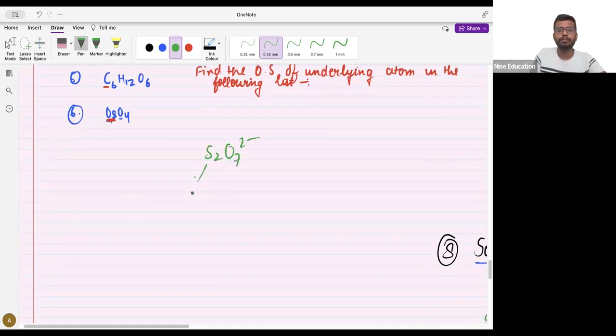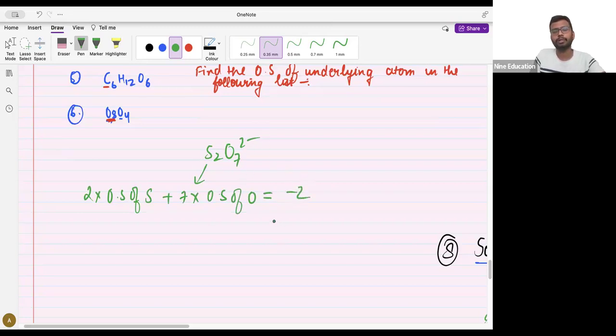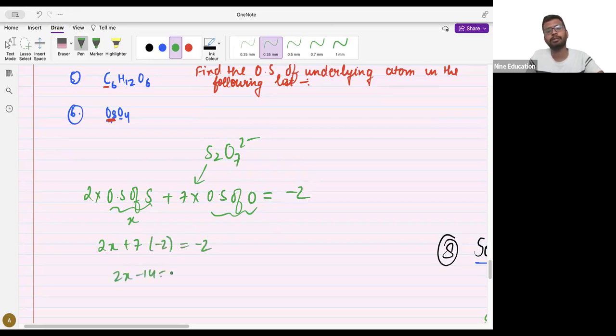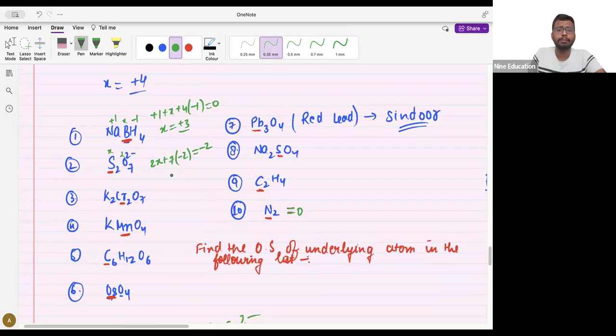So 2x plus 7 into the oxidation state of oxygen, minus 2 as oxygen is oxide, will give me minus 2. So 2x minus 14 is minus 2. X is equal to how much from here? Plus 6. Done? Simple. So the second answer is plus 6.